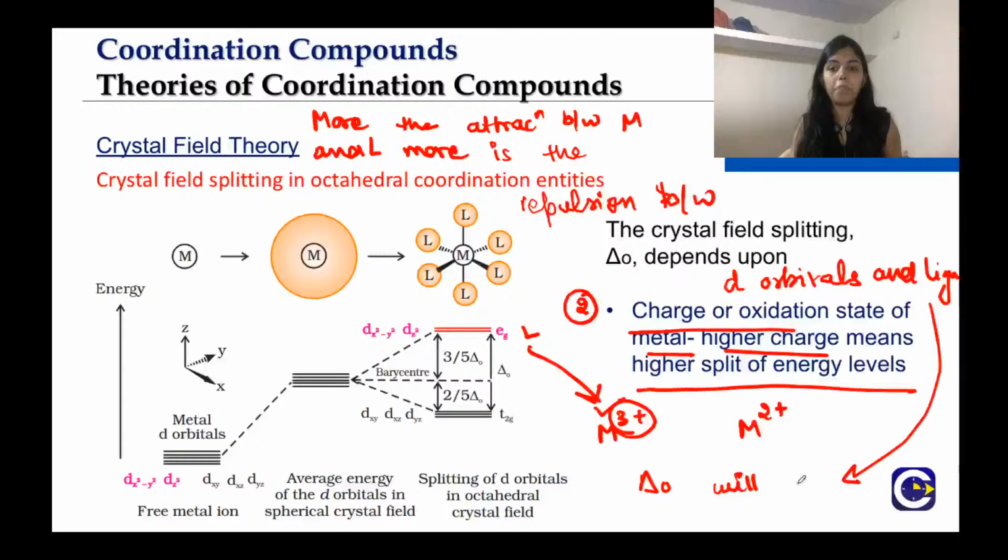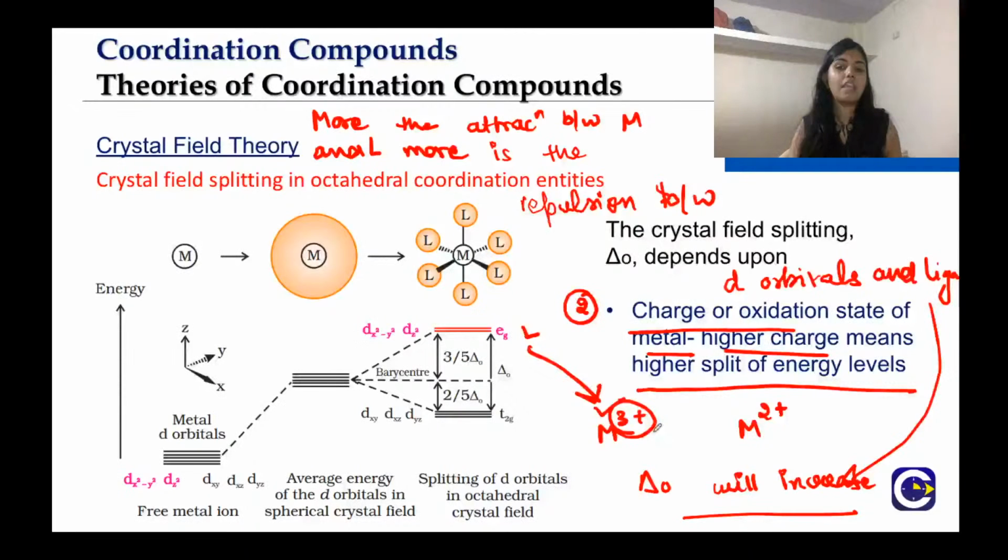More repulsion means that delta O will also increase. Greater is the crystal field splitting. Remember this, more the attraction between metal and ligand, more is the repulsion between d orbitals and ligand, and therefore the delta O will also increase. That means the crystal field splitting also increases.